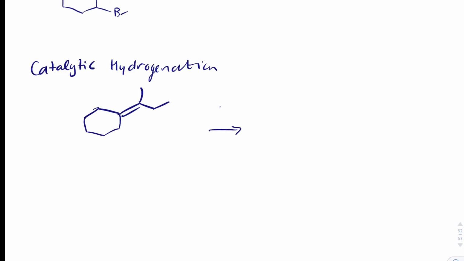And this is where we just get rid of the double bond by adding a hydrogen across the double bond. And of course, we have to have a catalyst present. What's going to happen is we're going to have syn addition of our hydrogens here.